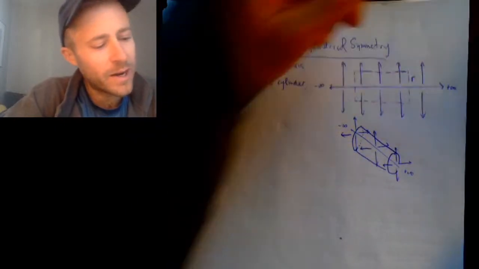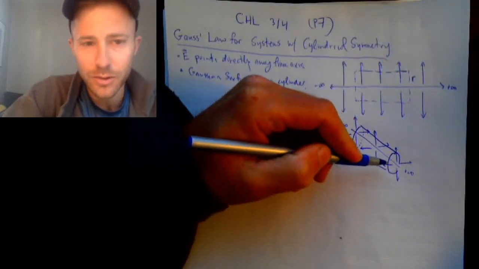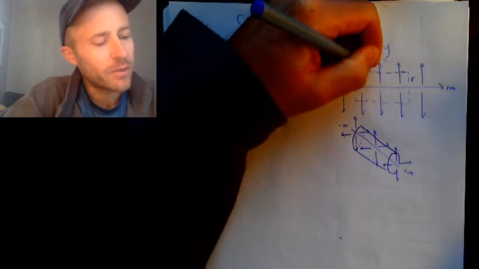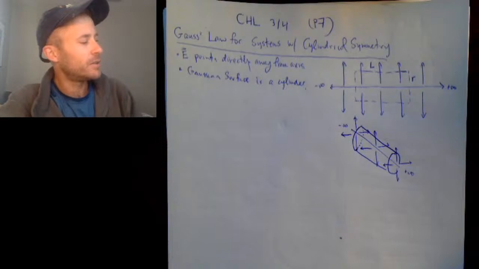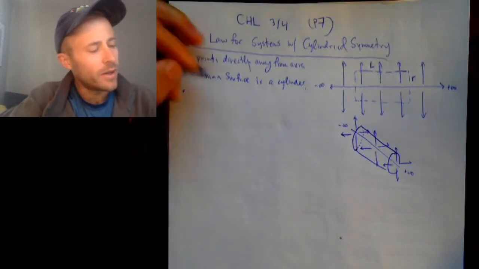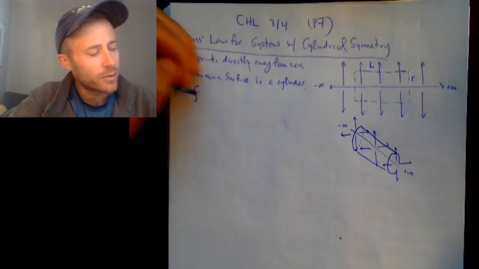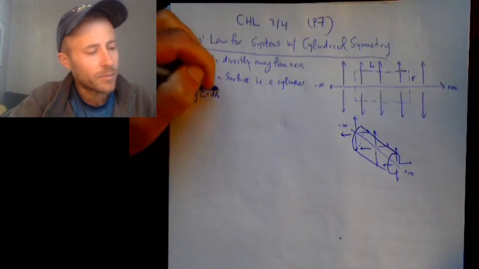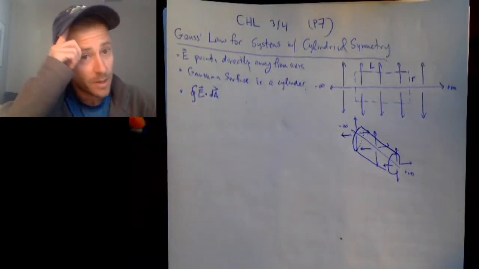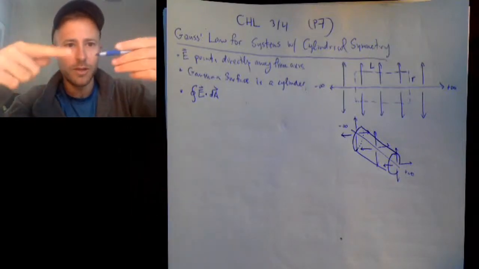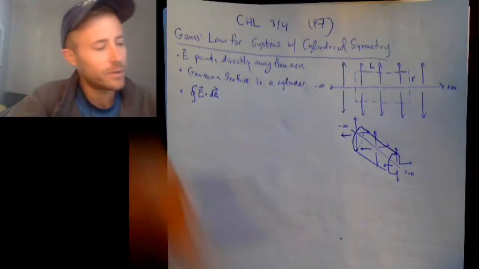So the radius of that Gaussian cylinder is r, and the length of the Gaussian surface is L. What do we get if we evaluate the flux through that Gaussian surface? Well, a cylinder has three faces: the middle face, the left face, and the right face.